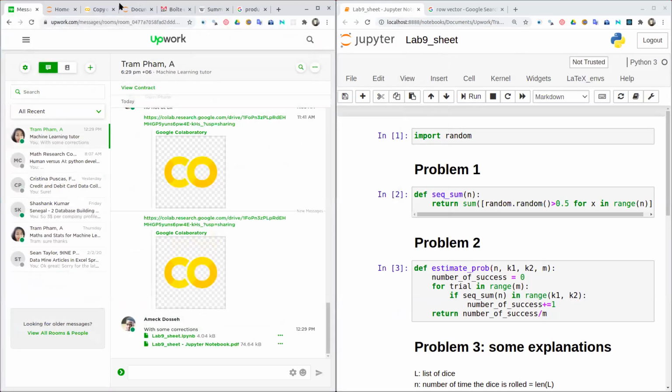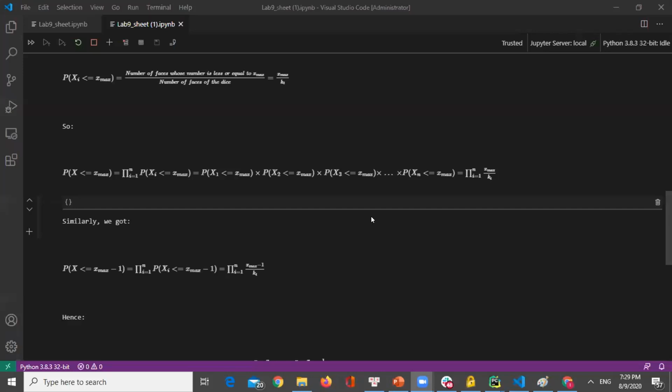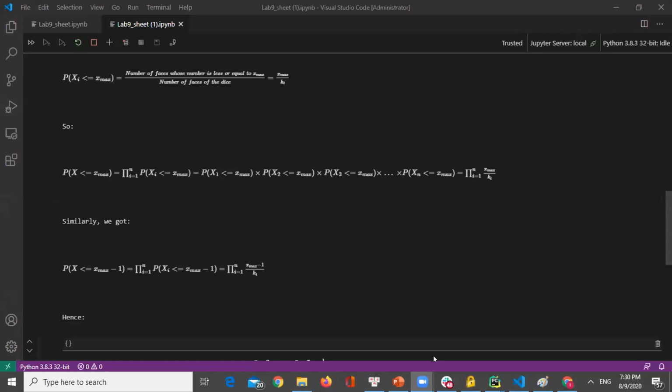I saw it. Let me download it. Okay, so let me share my screen, then we can start writing the function. Can you see my screen? Yes, I can.